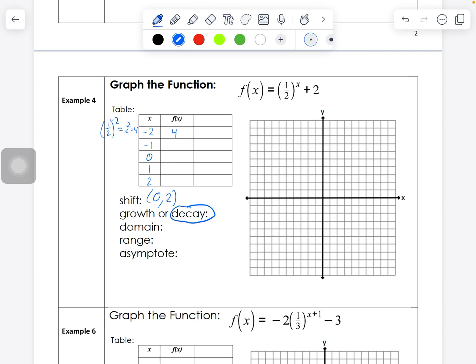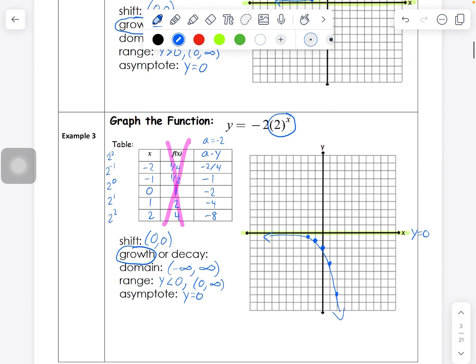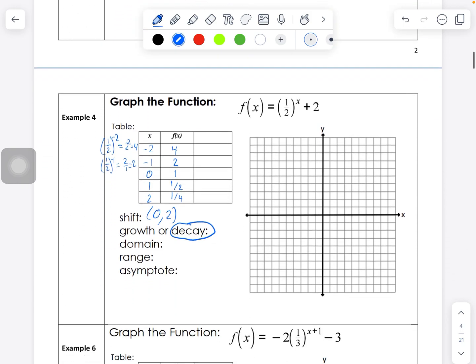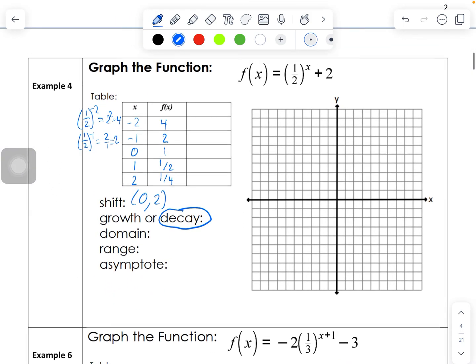The next one, the -1 power, would be 2 over 1, which is just 2. So hopefully you're catching on to the pattern, but now it's going to go 4, 2, 1. This would be 1/2, this would be 1/4. So it's like the reverse order of what we saw up here in our y column, or the f of x column. We don't have an a value here, so the a times y column is unnecessary.